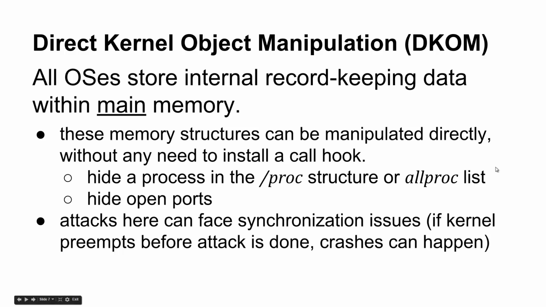Hell, you can hide an entire process in the /proc structure or the all-proc list, which is more sneaky. The proc structure is technically not part of the file system. It's all a virtual directory. But hiding it directly in the all-proc list is a more sneaky way to do it. You can hide open ports if you edit the right table that contains that information, and so on.